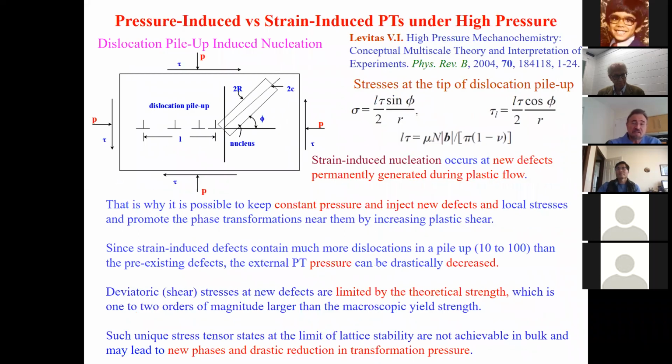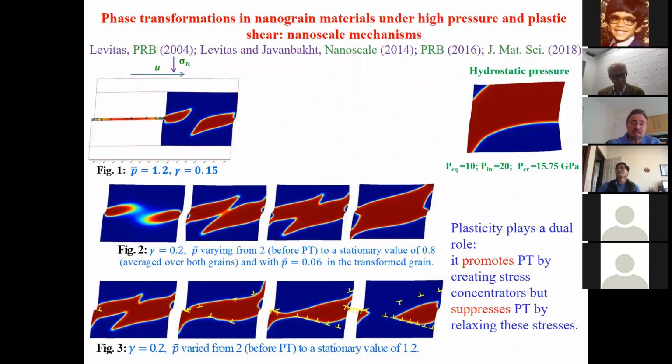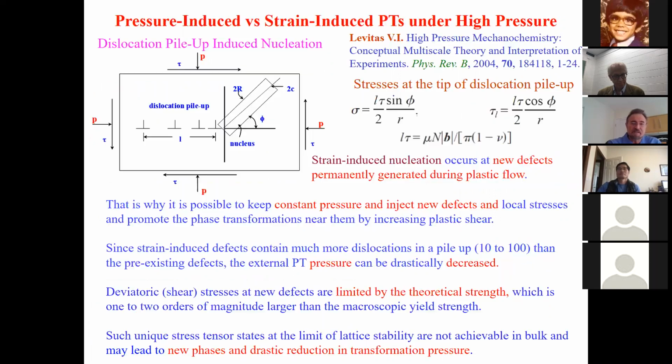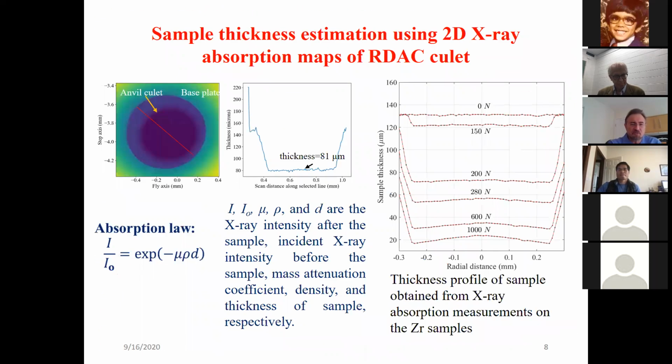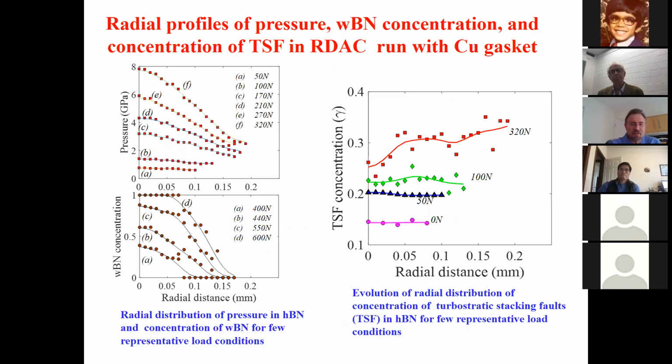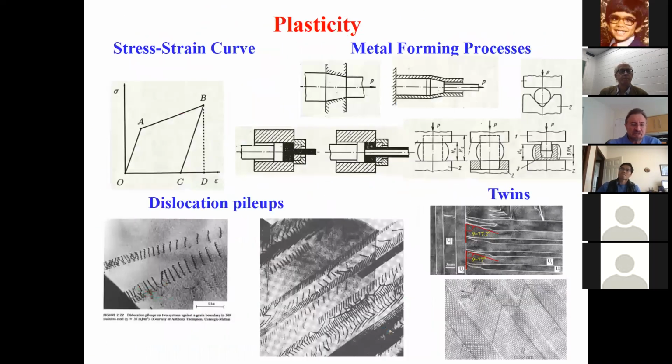Well, dislocation pile-ups are visible, it depends on grain size, but for example, you see here in the first slide, and you can Google dislocation pile-up and you will get a lot of nice pictures. I believe this is half a micrometer, and you see dislocation pile-up.